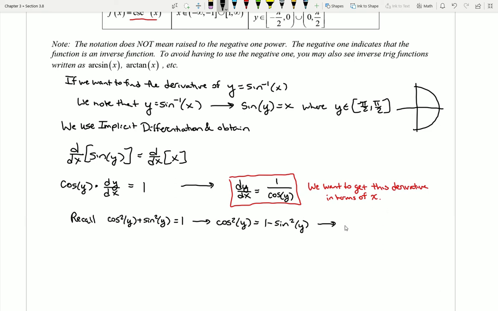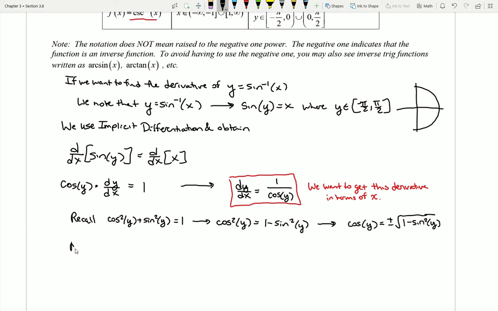And then from here, this tells me that the cosine of y is equal to either positive or negative square root of 1 minus the sine squared of y. So really here I have two different answers, and I can't plug both of those in. I want to plug in the one answer that actually fits this particular scenario. And so I need to figure out if the cosine of y is going to be positive or negative.